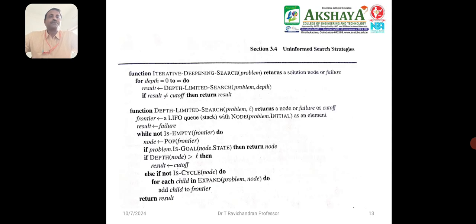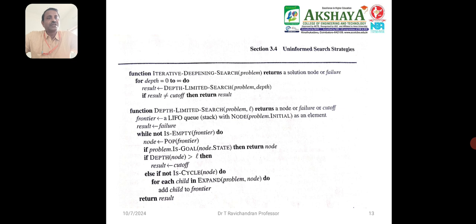The algorithm for depth first search moves from the root node one by one down to the depth.